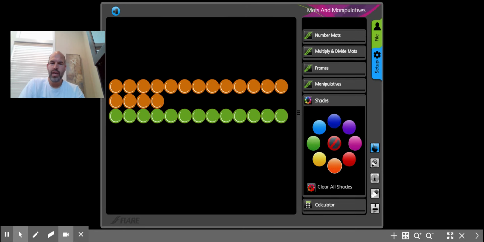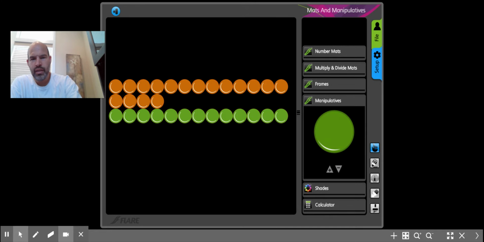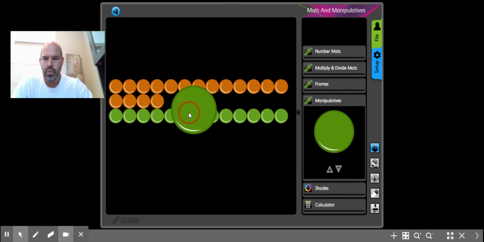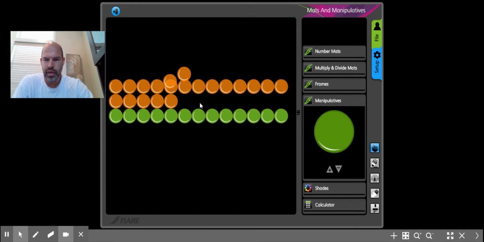So if we wanted to make that a little bit easier to solve, then we could go here and add 1, 2, 3, right? So now we have 20 counters.